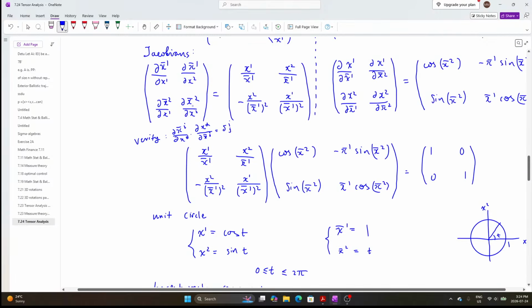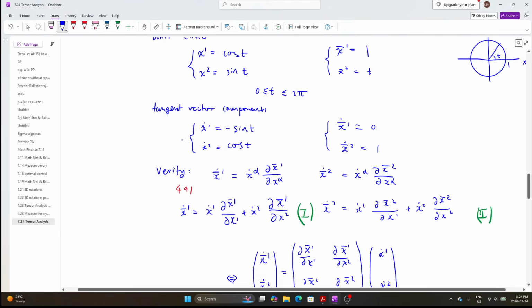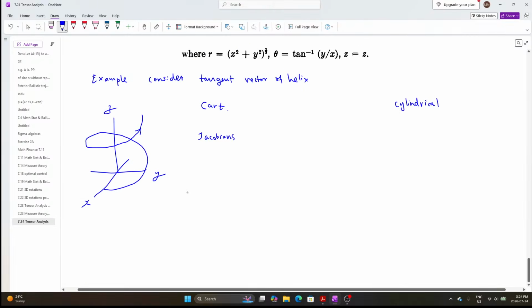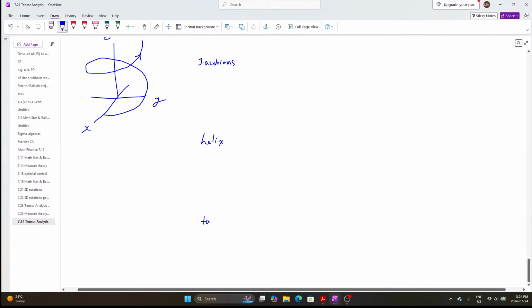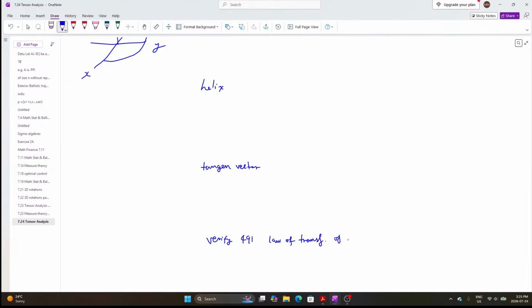We have the Jacobian, we did that verification, we can skip that. Helix. What is a helix? Helix, tangent vector. And you can verify 491, the transformation law, the law of transformation for a contravariant vector.